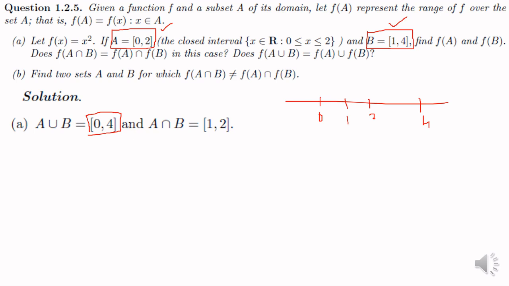Okay, so A is 0 2, this is A, and B is 1 4, this is B. So union means you got to combine these intervals, so starting from 0 to 4, so that is a closed interval 0 4, and A intersection B means a region common to both the intervals, which is in between 1 and 2. So A intersection B is closed interval 1 2.